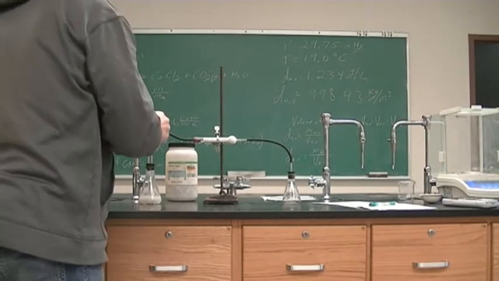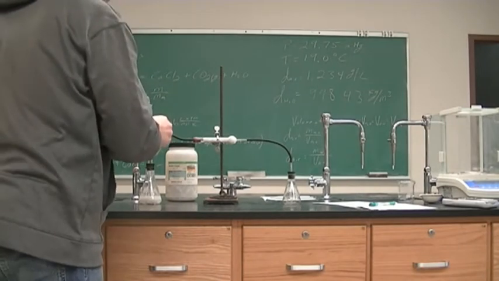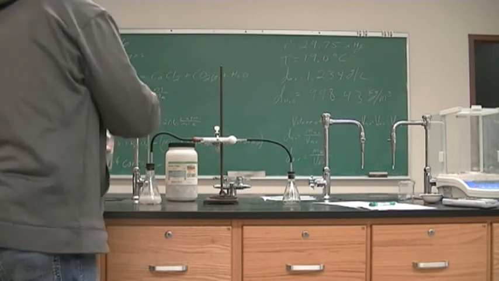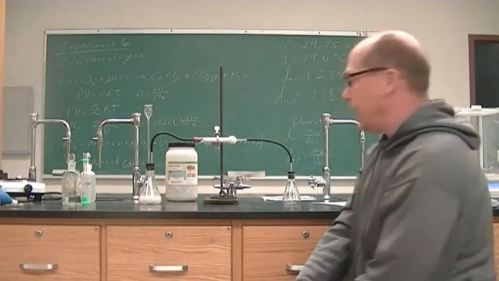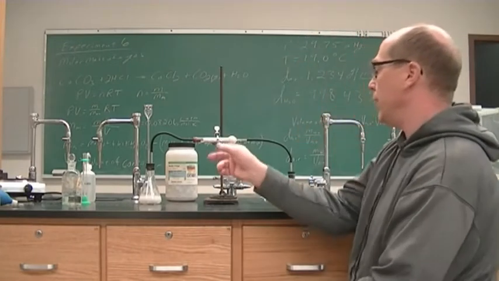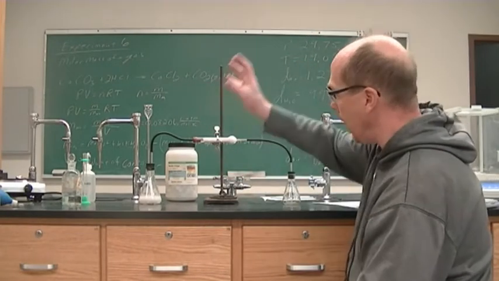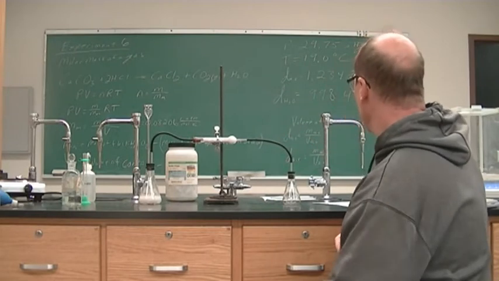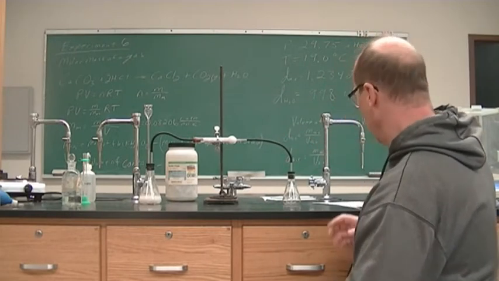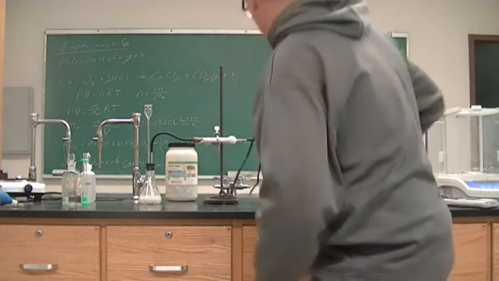I'll add another shot of HCl. All right, I have added plenty of HCl to make lots of CO2, and I'm checking, yes, it's still a good connection here. So what I'm going to do now is weigh it.